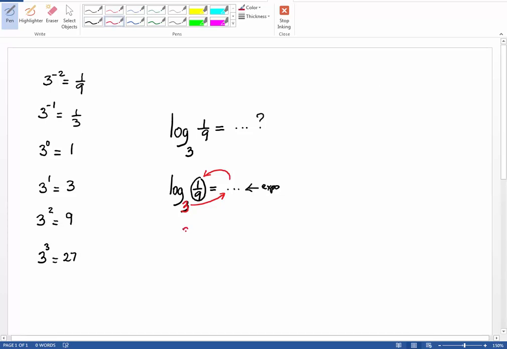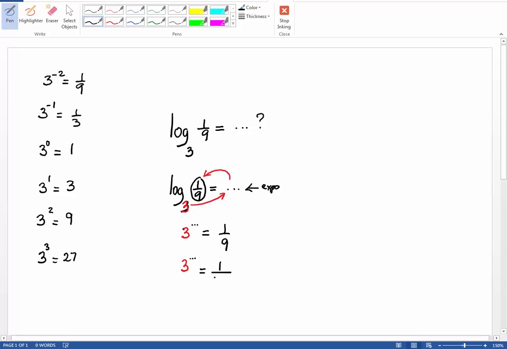We have that the base 3 raised to the mystery exponent is equal to the number inside the log, which is 1/9. Now, I can keep the left-hand side the way it is, 3 raised to my mystery exponent, and that's equal to 1/9.